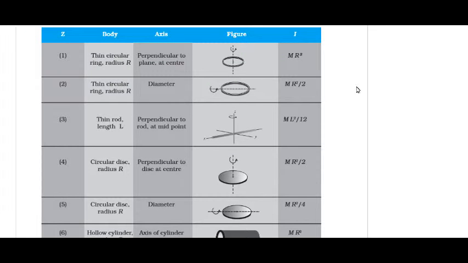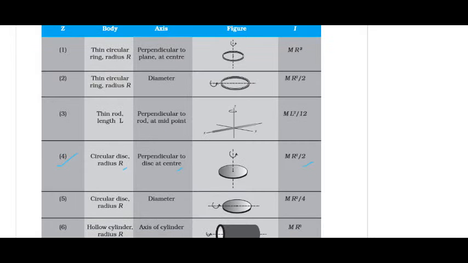So we are taking the example of a disk. So this is the disk. The fourth number is applicable to us. So body is circular disk, radius R, perpendicular to disk at center. Moment of inertia is MR square upon 2. In this way, various shaped bodies are given and their moments of inertia are given in this table.